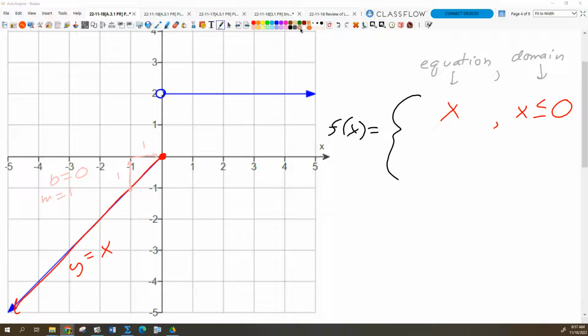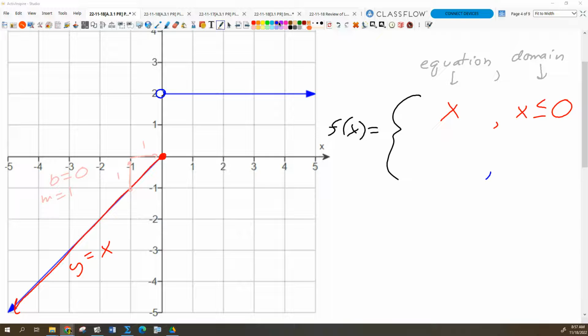Okay, that's good. How about the blue piece? What's the domain of the blue piece? Let's do that first. Domain of the blue piece. Let's see, Ben. X is greater than, but we're looking at the domain, so just the x values. Does that make sense? 0, right?